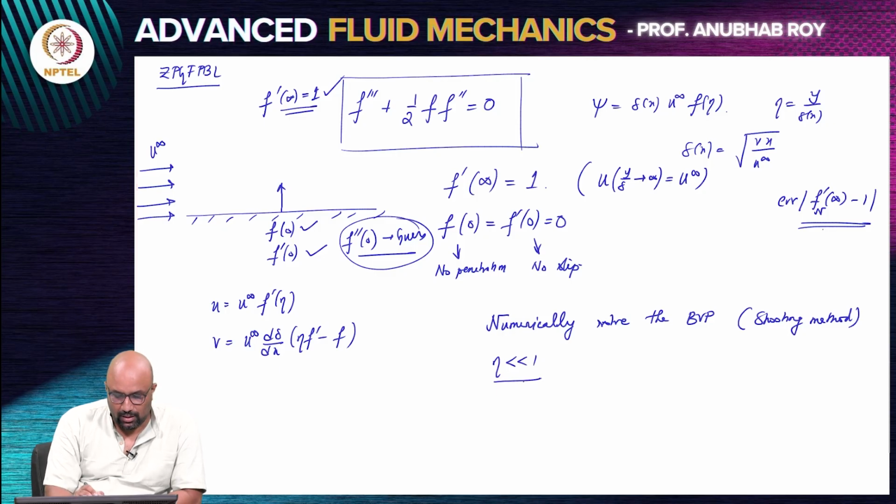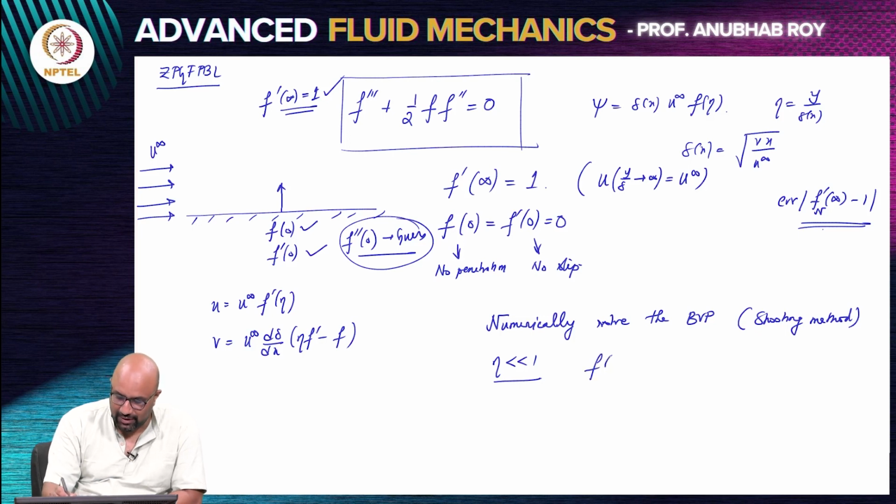So, you know that f of 0 is 0, you know that f dash of 0 is 0. So, what can you say about the function? The function cannot be linear for small values of eta, at eta approaching 0.